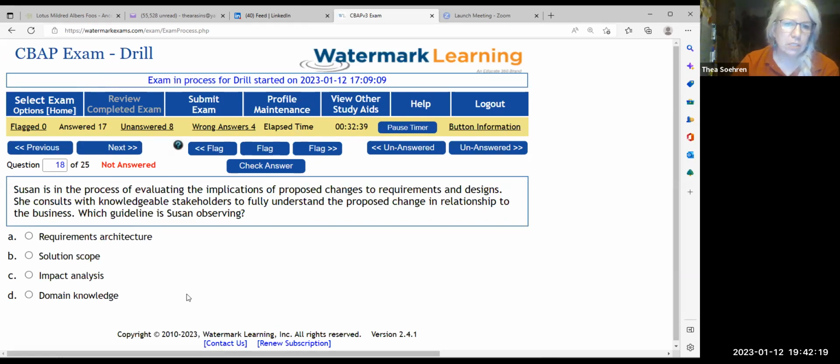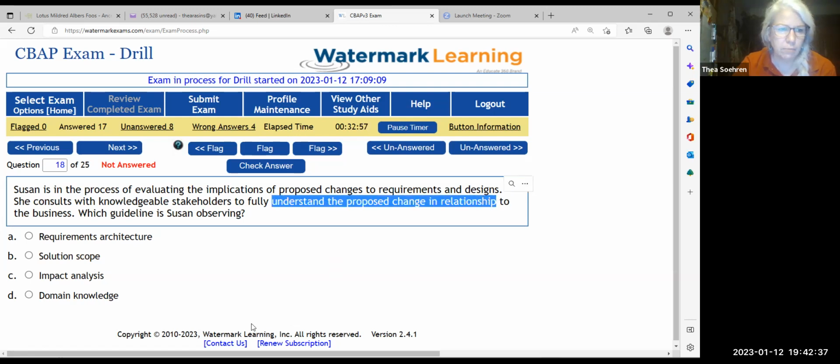Susan is in the process of evaluating the implications of proposed changes to requirements and designs. She consults with knowledgeable stakeholders to fully understand the proposed change in requirements, in relationship to the business. Which guideline is Susan observing? Is that requirements architecture, solution scope, impact analysis, or domain knowledge?